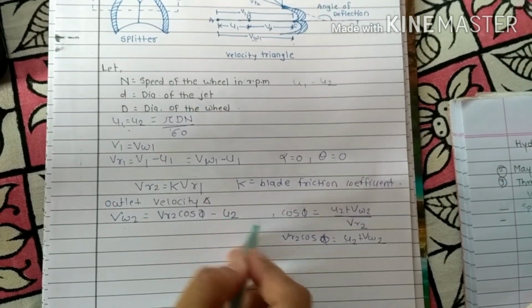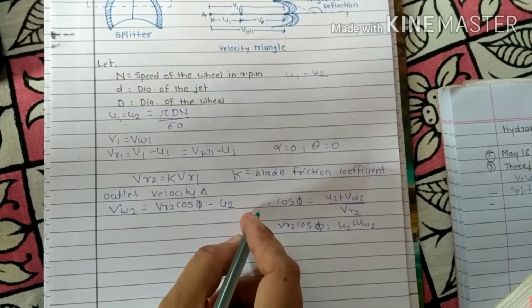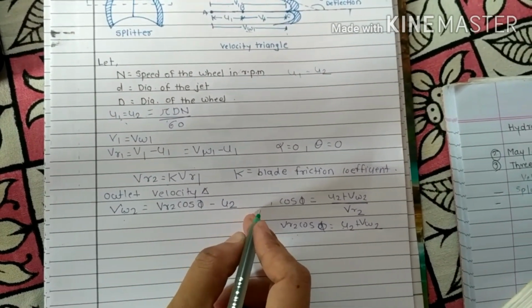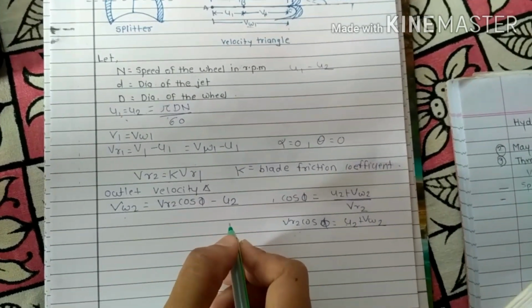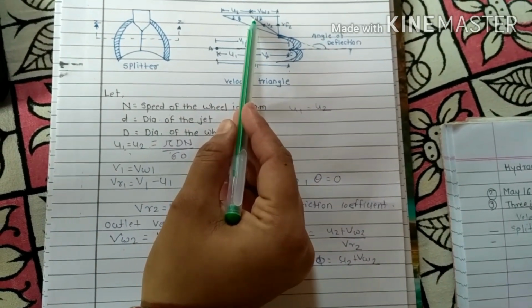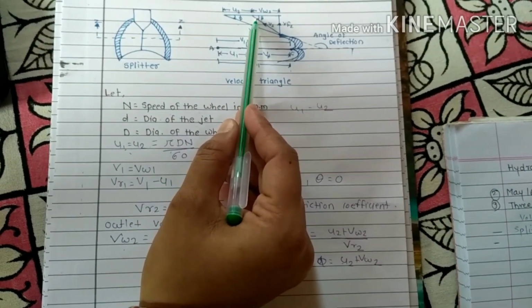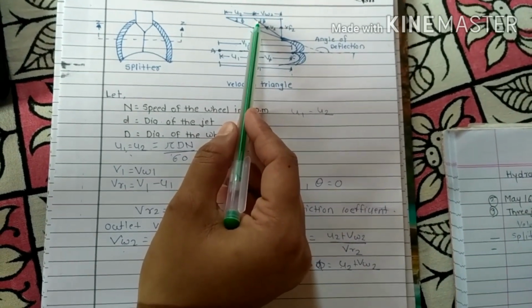Now depending upon the magnitude of peripheral speed, the unit may have slow, medium and fast runner. That is the angle beta. This angle beta has three conditions, that whether this beta is less than 90 degree, equal to 90 degree or greater than 90 degree.